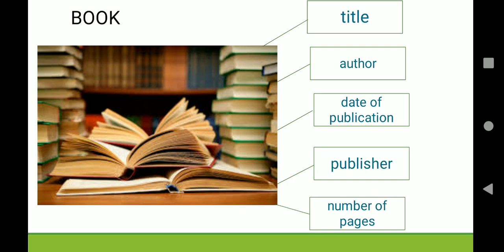Here title may be of character array type, author also character array type, date of publication is of somewhat integer type, publisher is a character array type, number of pages is integer type. So to store the details of a book, we need to collect information of different data types. In such situations, structure can be helpful.